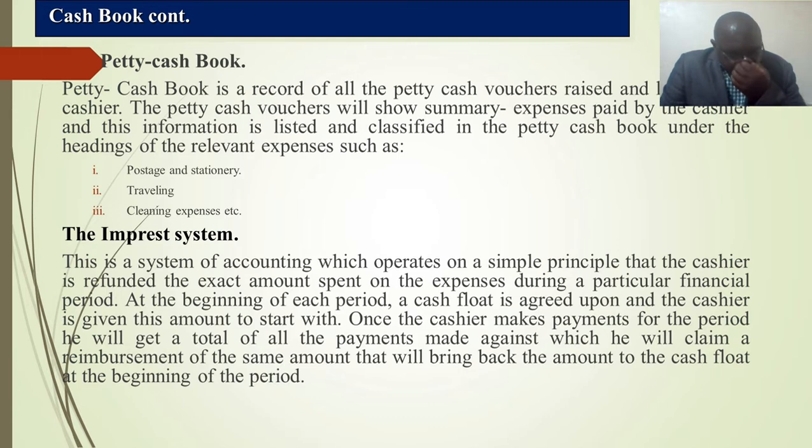Then we have the third cash book, which is called the petty cash book. The petty cash book is a record of all the petty cash vouchers raised and kept by the cashier. The petty cash vouchers show a summary of expenses paid by the cashier, and this information is listed and classified in the petty cash book under headings of the relevant expenses.